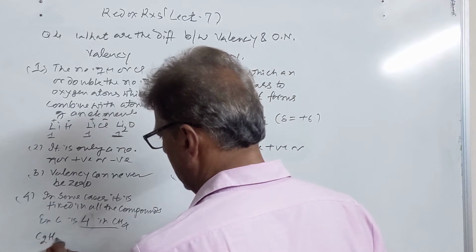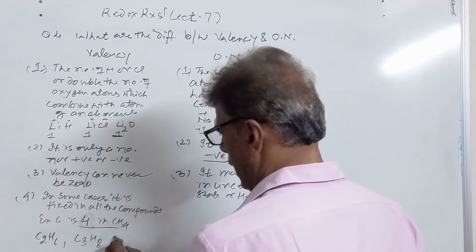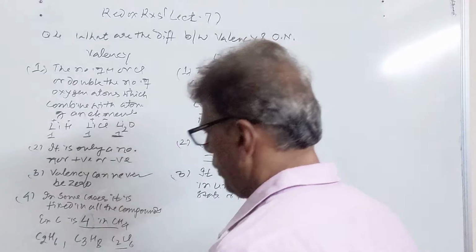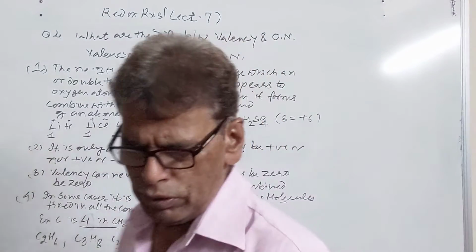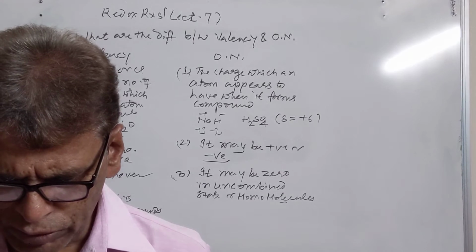In C2H6 it is 4, C3H8 4, and C2Cl6 it is 4. So carbon has fixed valency in these compounds.